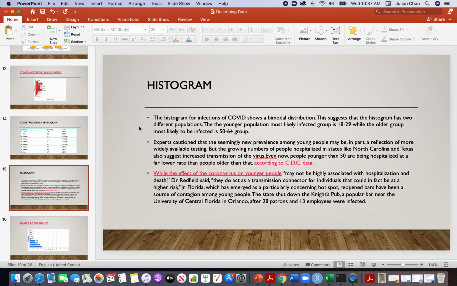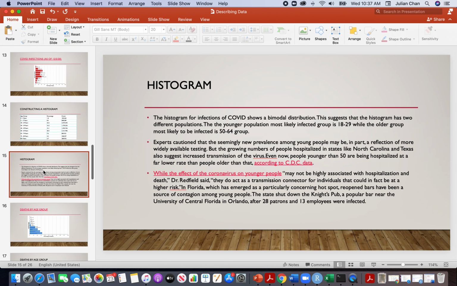So we're seeing a bimodal distribution in part because there are two different populations and attitudes towards risk, and the increase in the youth could act as a transmission connector to older generations. And so one could be fueling the other.